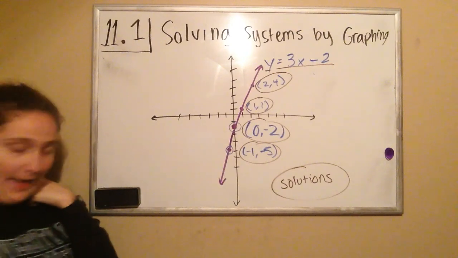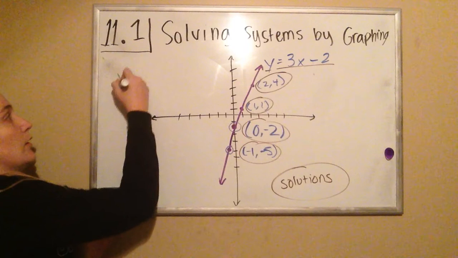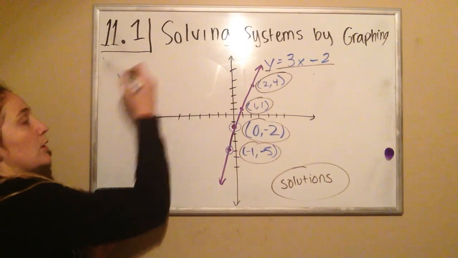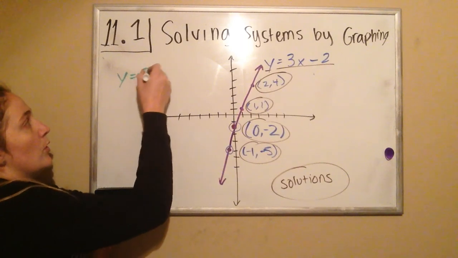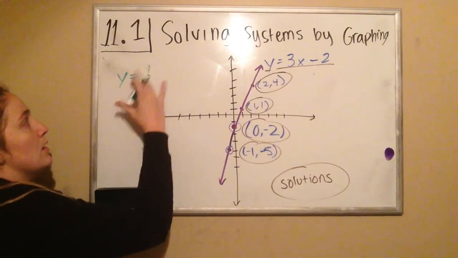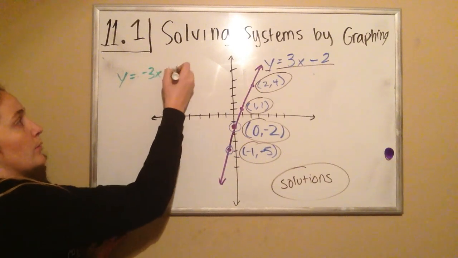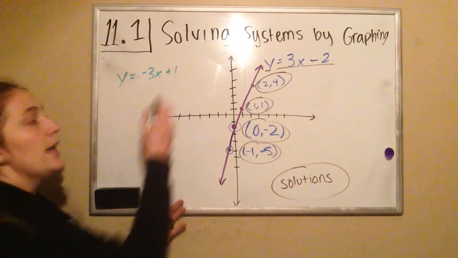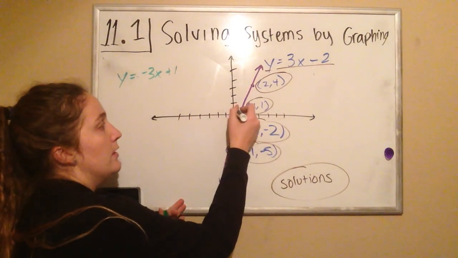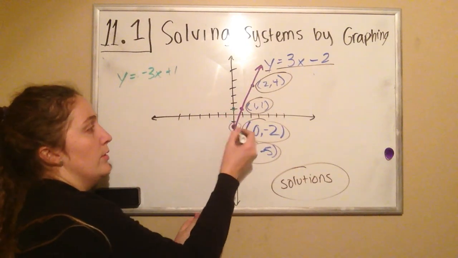So if I were to add in another line, let's say y equals negative 3x plus 1, where the slope is negative 3 and the y-intercept is positive 1. If I were to graph that, I would start at my y-intercept of 1, and I would go down 3, over 1.